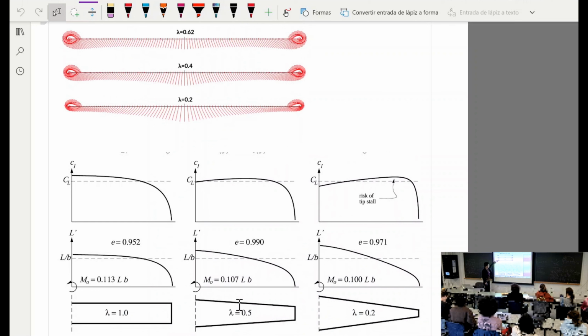This is the induced flow, how it looks, and this is a calculation of how the lift coefficient is distributed. Right, for a rectangular wing, because of the strong vortex over here, we actually have a lot of downward induced flow near the tip, right? That reduces the angle of attack and reduces the CL. While for a strong taper, it's the other way. As in your calculation, there is a lot of vortex not on the wingtip, right?